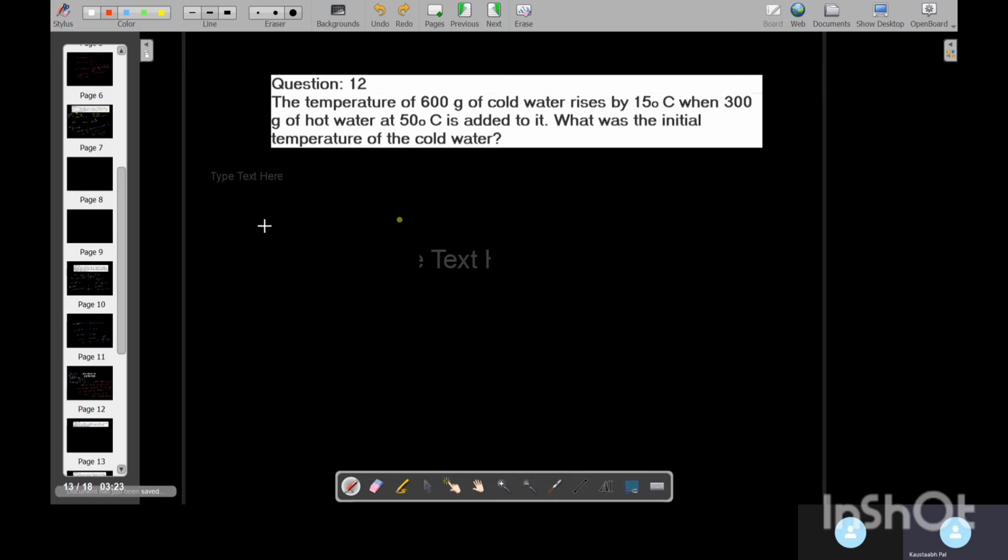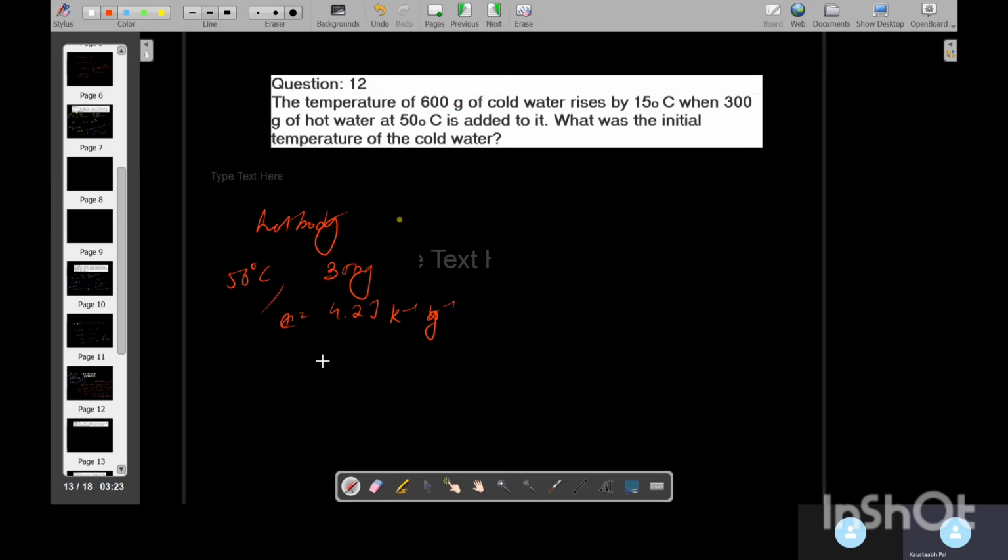So see, which one is the hot body? The 50 degrees Celsius water, whose weight is this much, and the heat capacity of water is 4.2 joule per Kelvin per gram, not kilogram.